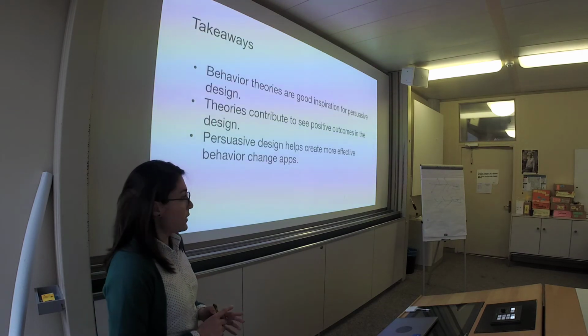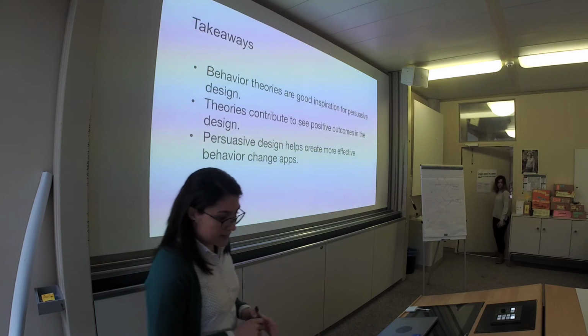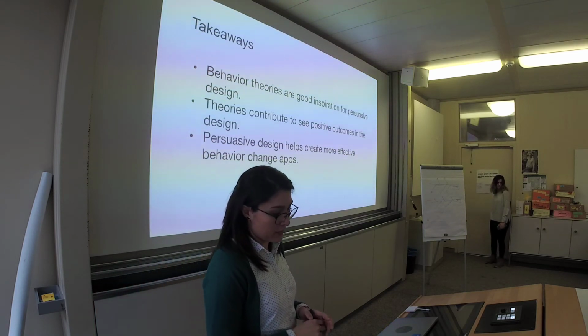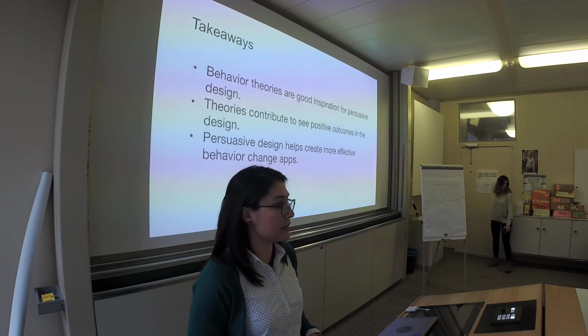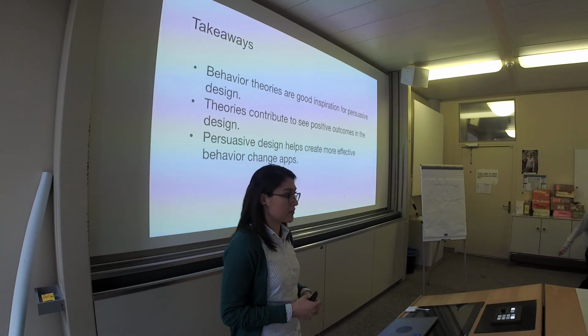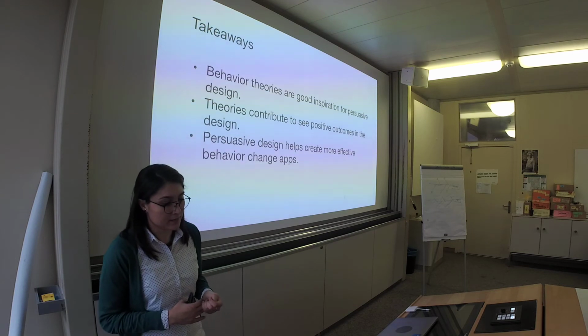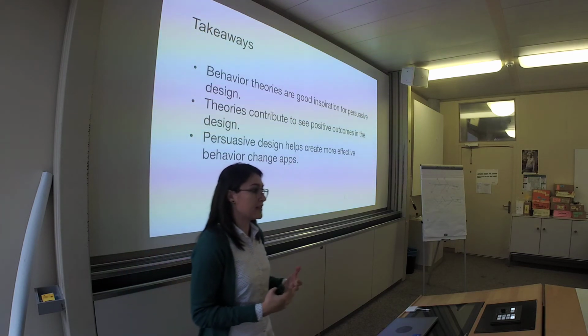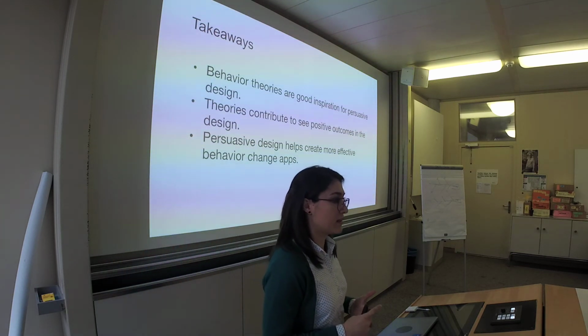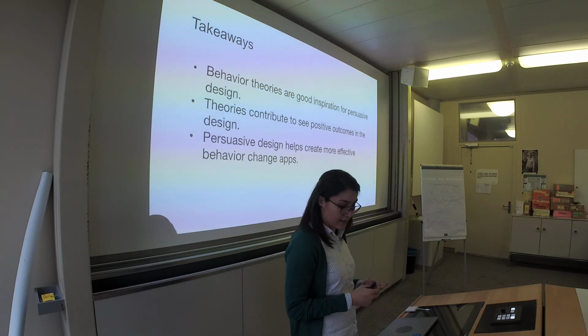So what I would like you to take away from this is that using behavior theories are a good inspiration to design persuasive systems. Then if you use theories, most likely you will have positive outcomes in your experiments or in your design.